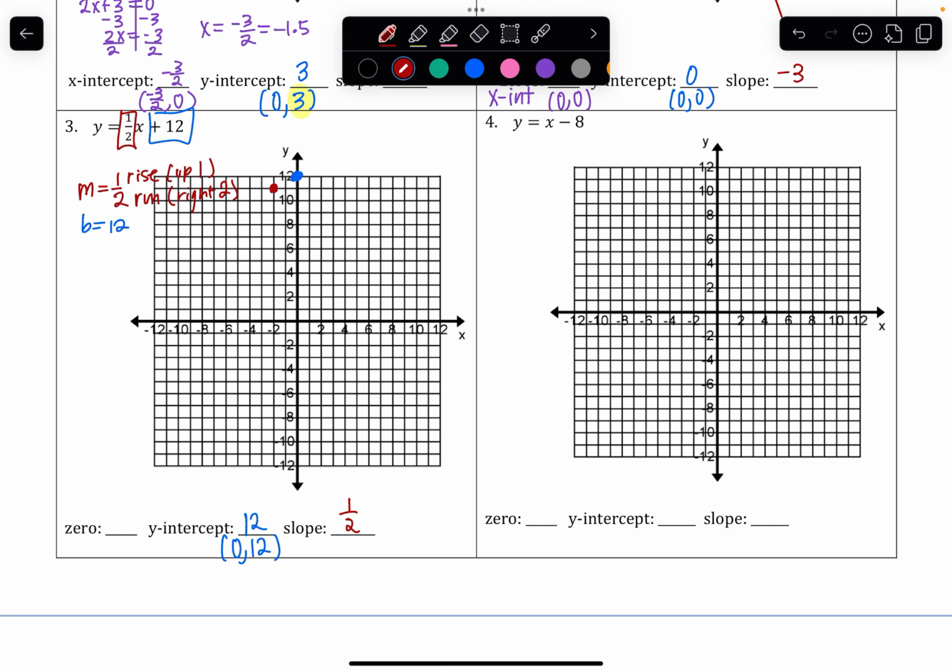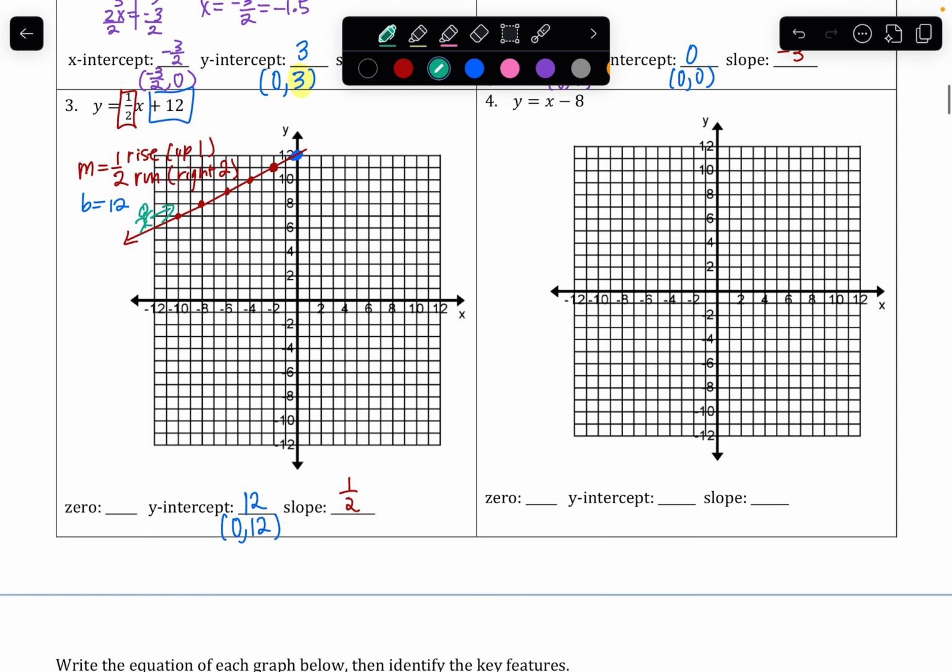If we account for the negative direction in both the rise and the run, we'll still end up with a positive increasing slope. And so if you're falling off the graph, just go backwards. Just make sure a positive slope is increasing. The person should be climbing as they go from left to right.